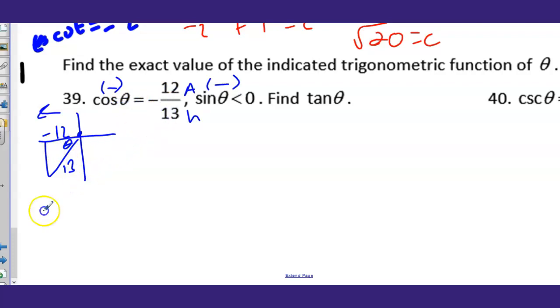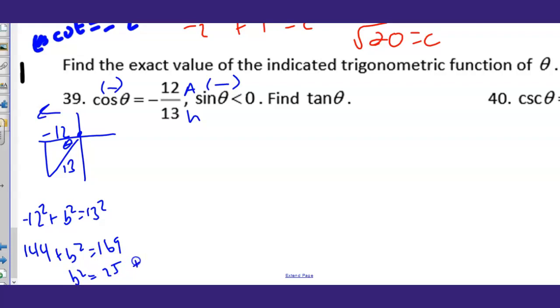Then Pythagorean Theorem: negative 12 squared plus b squared equals 13 squared. That's 144 plus b squared equals 169. You subtract 144, get 25, and then the square root gives plus or minus 5. Guys, you have to go minus 5 because from the origin you went down. So this is negative 5.